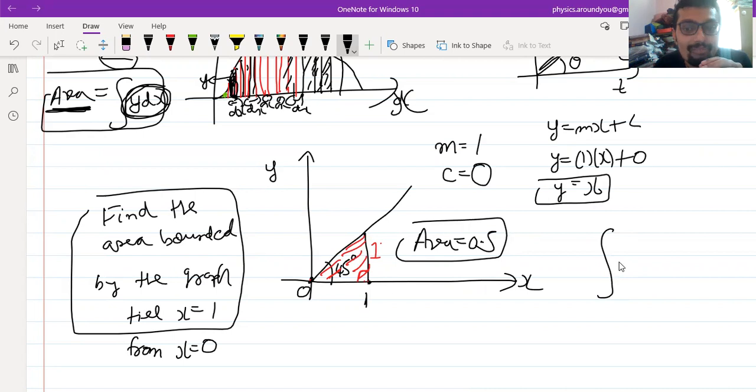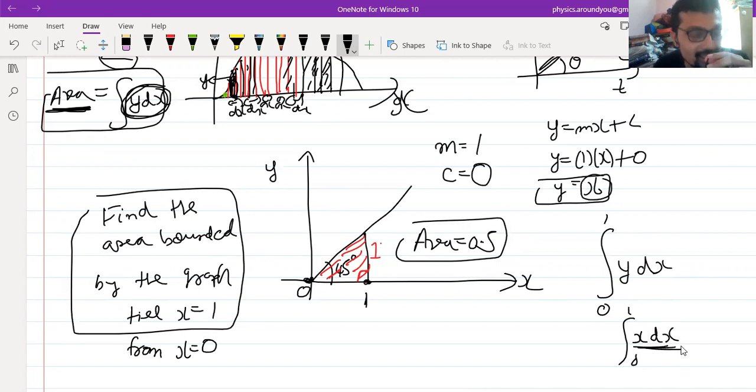But if you use integration, what is it? Integral y dx. Where is x beginning from? 0, going till 1. What is y for us? x. What is integral x dx? How will you calculate this?